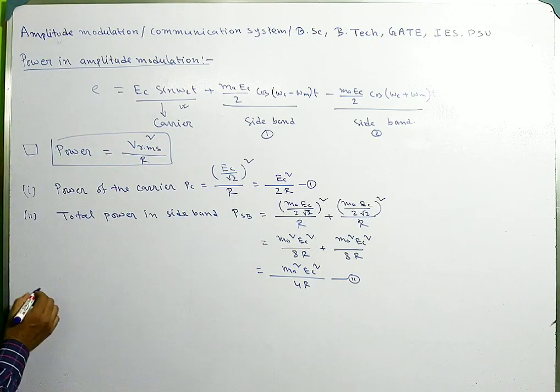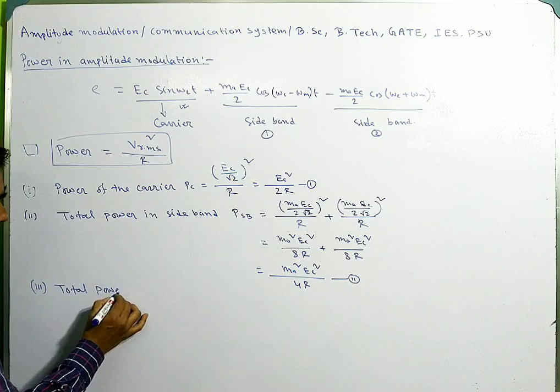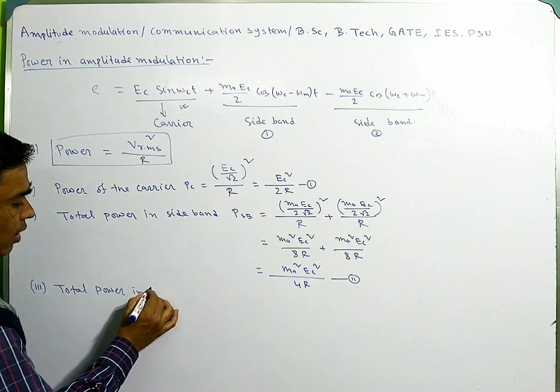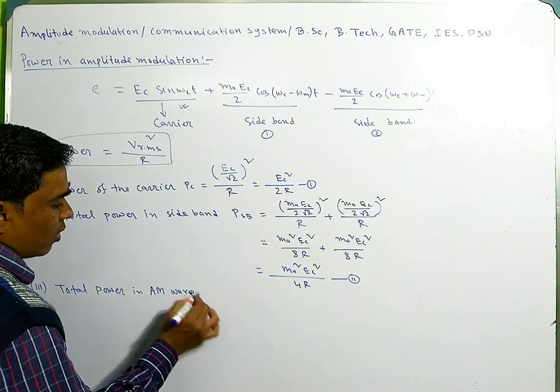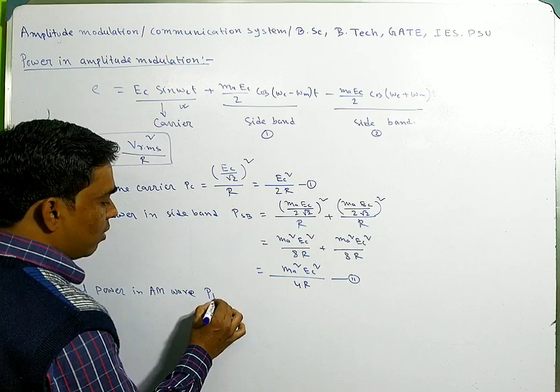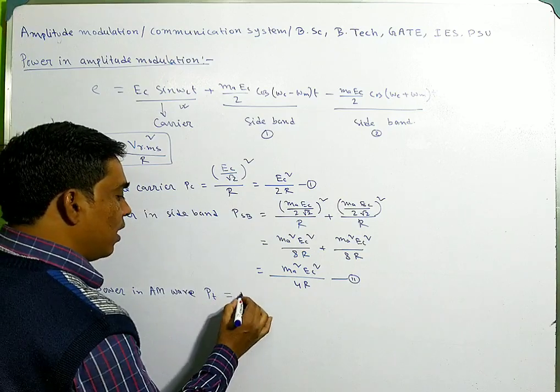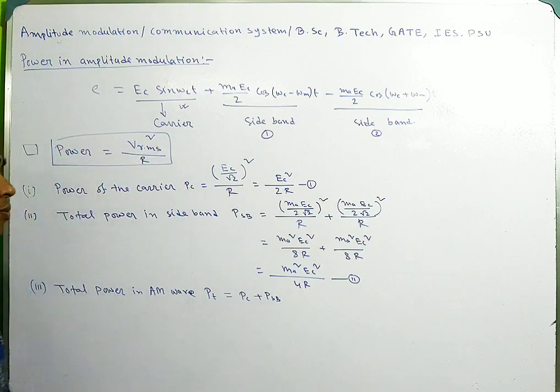Now we will calculate the total power in the amplitude modulated wave, PT. PT can be written as Pc plus PSB.